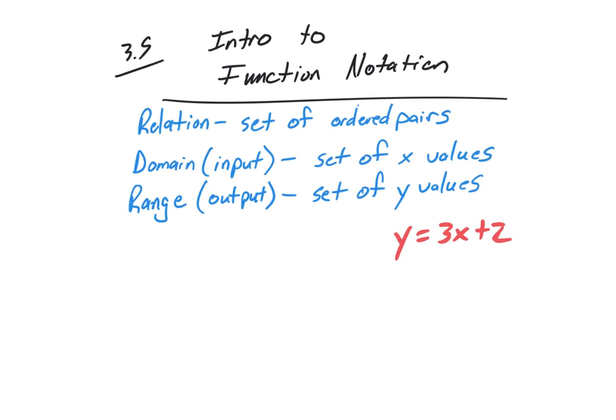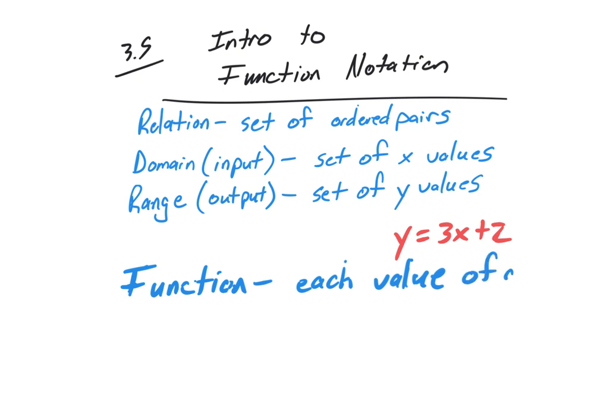And then the last vocab word is what we call a function, and that's going to be the purpose of everything that we do today. I'm going to give you the actual definition of a function, and then I'll give you an easy way to remember it.